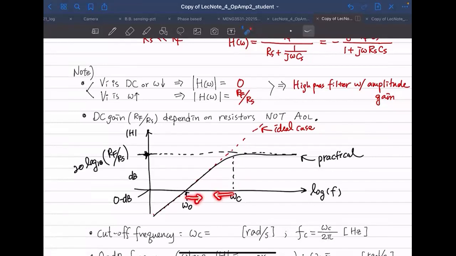That's where I want to use, for the same reason. The practical response is getting close to the ideal below this frequency, right? So this is where we have differentiation working. And this is not differentiating at all.